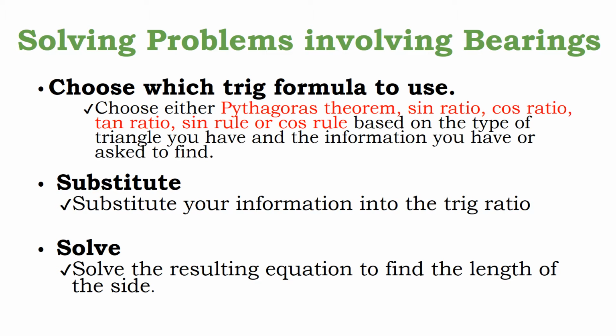All right, so let us see if we can give a quick overview of what we do when we're solving problems relating to bearings. Well, first, we should be able to choose the trig formula that will help us to find the length of the side that we need, or the size of an angle.